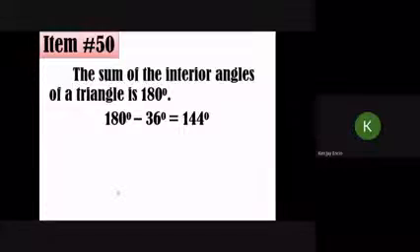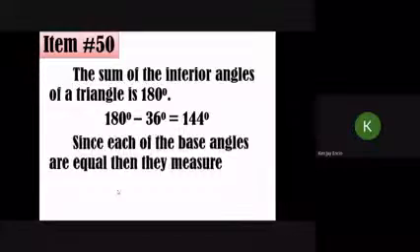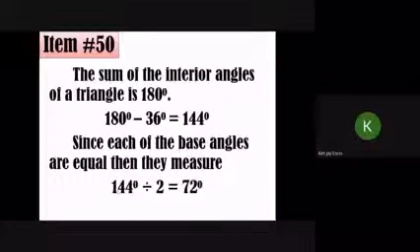It is the sum of the two congruent base angles. But since the two of them are equal to one another, we have to divide by 2 to get the measure of one base angle, which is 144 degrees divided by 2, which is 72 degrees. So the answer here is letter B.